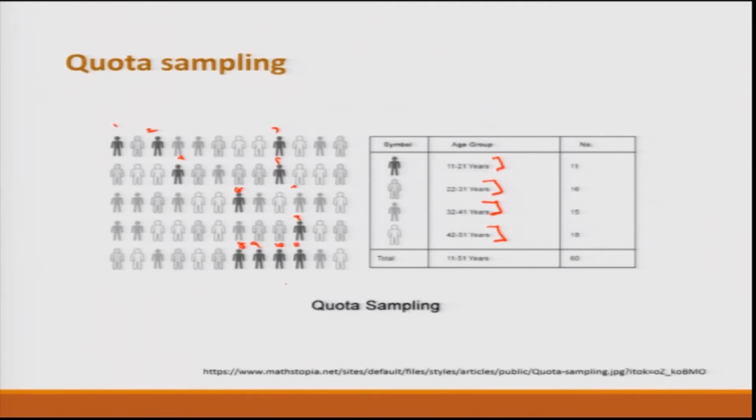So, this is the quota that is fixed to this specific age group. Sometimes convenience sampling is also associated with quota sampling. If we are interested more in the specific subgroup, specific age group here, we can fix that quota here.